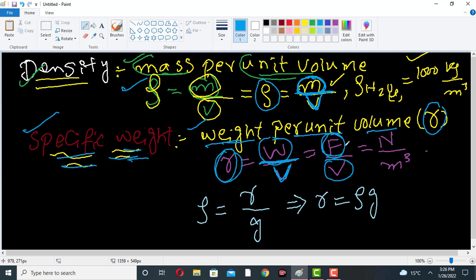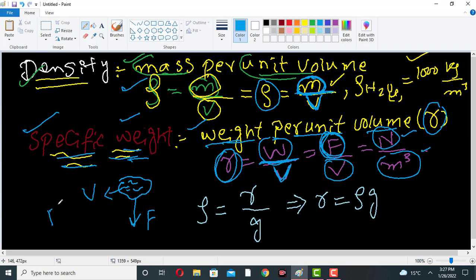We also know that the unit of force is Newton, and the unit of volume in SI is cubic meter, so it can be written as Newton per cubic meter. Specific weight is the force of gravity applied on unit volume of the fluid.